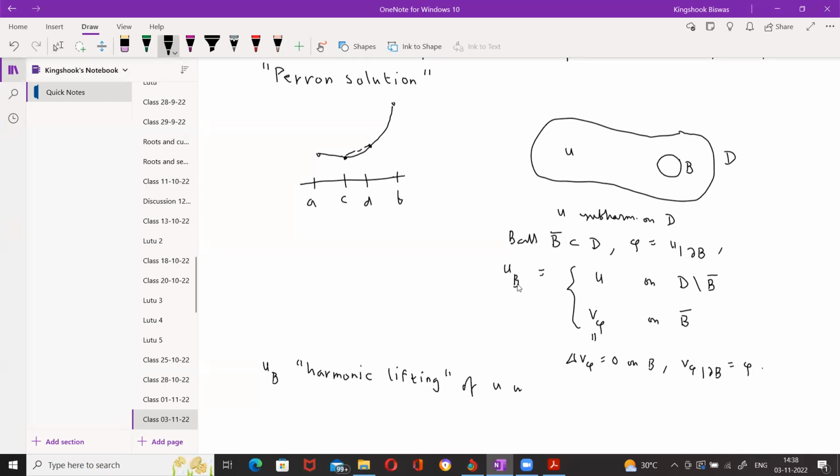What you can show is that this U sub B is also subharmonic, and U sub B is greater than or equal to U. So we can show this.